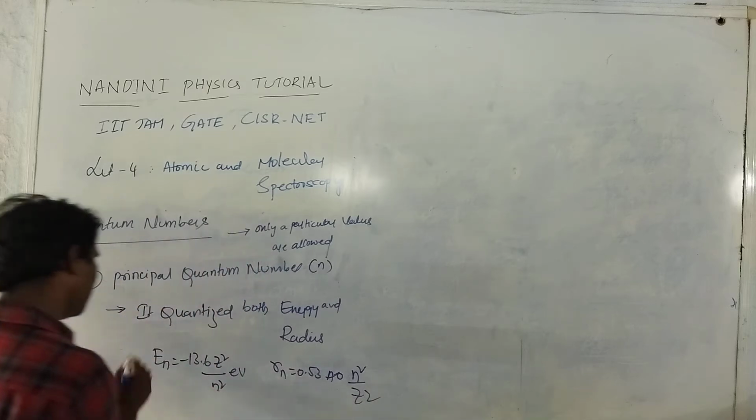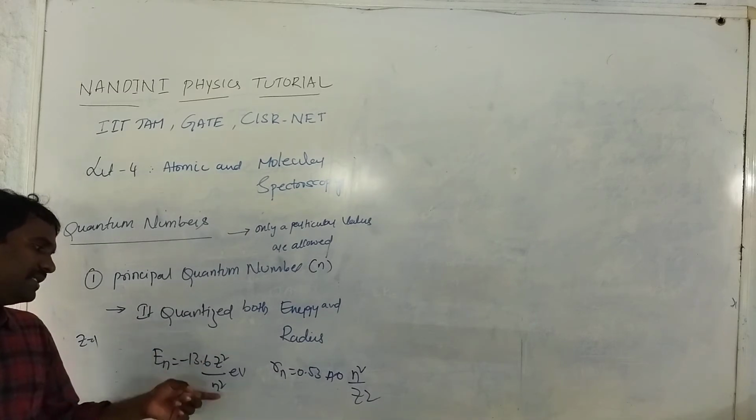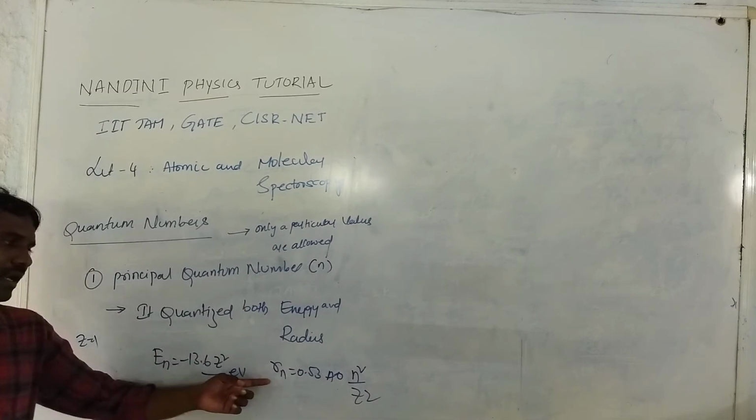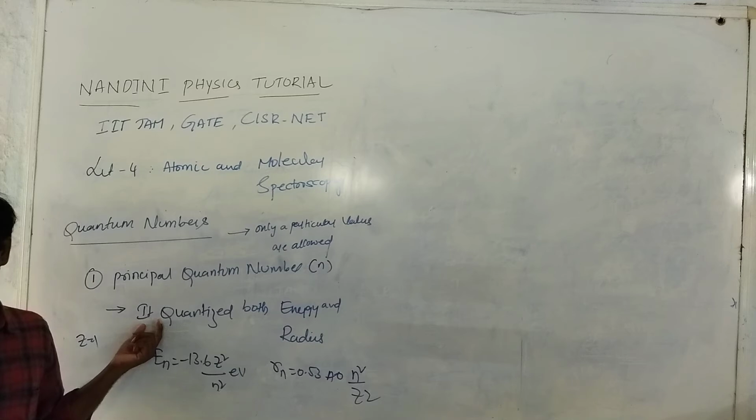This is all for the hydrogen atom only, so consider Z equal to 1. So En is minus 13.6 divided by n square electron volt, and Rn is 0.53 angstroms into n square. These energy and radius are both quantized terms.